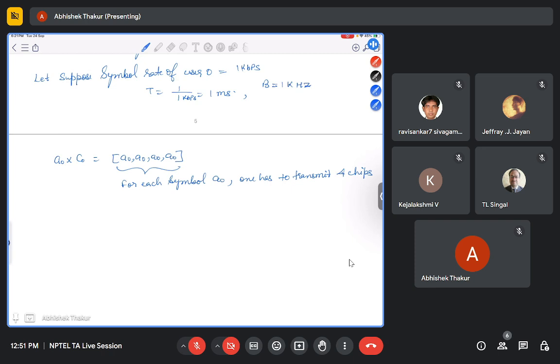So the time period will decrease by 4 and the bandwidth will increase by 4 times. The time period of each chip will be T by 4, that is equal to 0.25 millisecond. And the bandwidth of CDMA is equal to 1 by Tc, that is equal to 4 kilohertz.